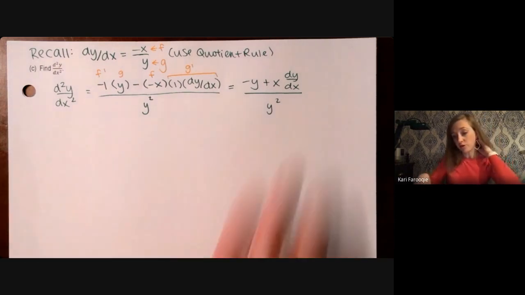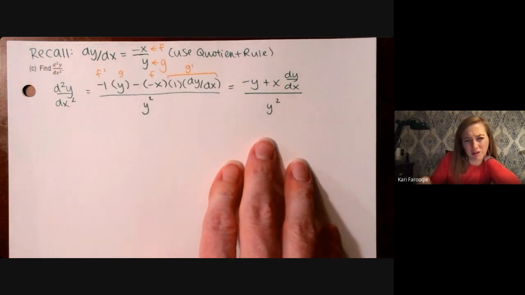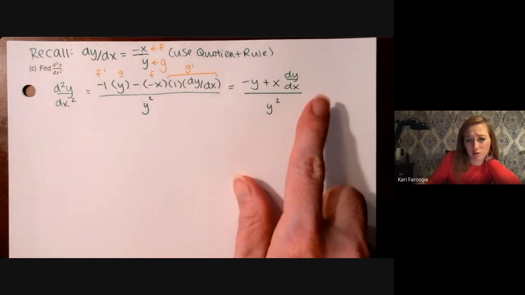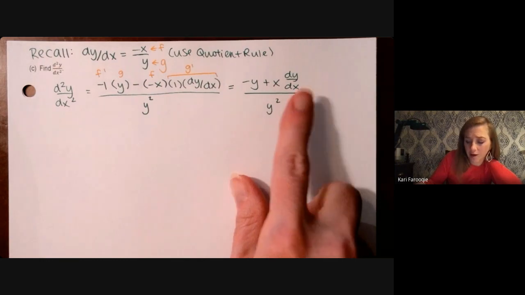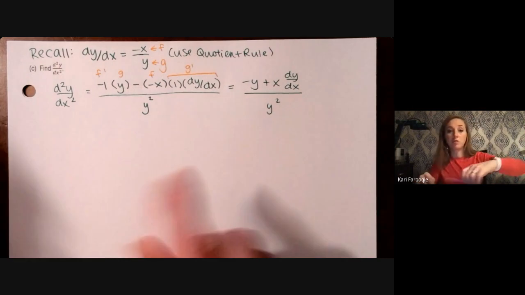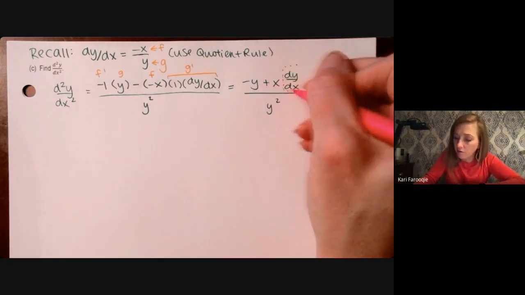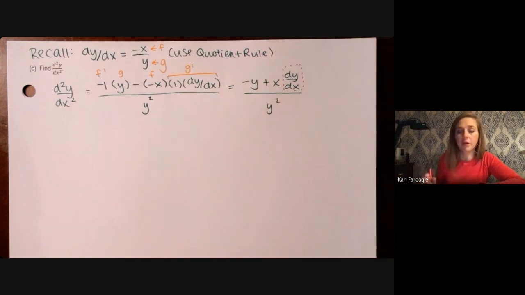Okay, so we have that. Now, officially, this is your second derivative, but it might seem odd to you because you're like, wait, it's my second derivative, but it has a dy/dx in it. Aren't we supposed to solve for dy/dx? Well, normally when we take a second derivative, what we do is we substitute it out. So I'm going to take this dy/dx and substitute it back with its original expression.